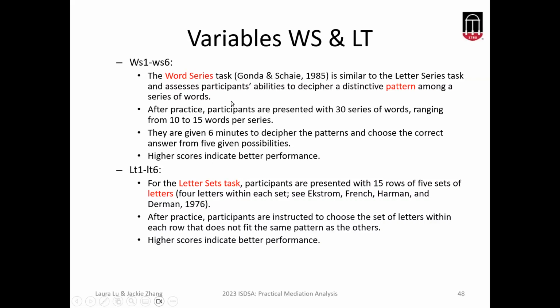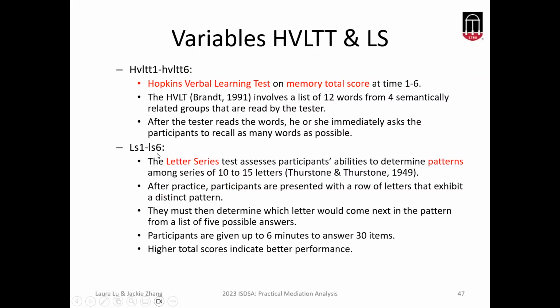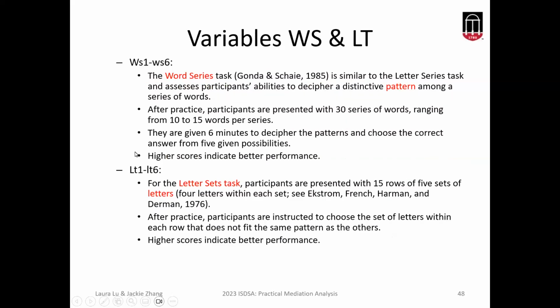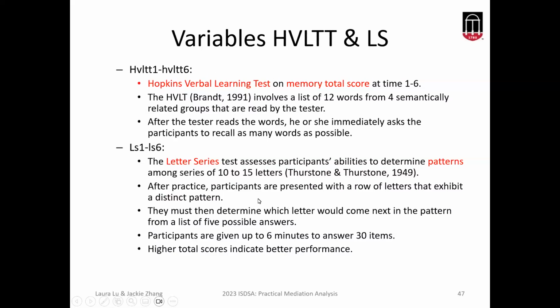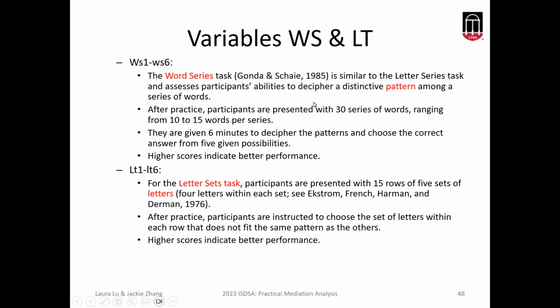So these 3 tests, LS, WS, LT, are for reasoning ability. Here we have some details of these tests. I'm going to skip this part. Anyway, these are reasoning abilities, and HVLTT is memory ability.